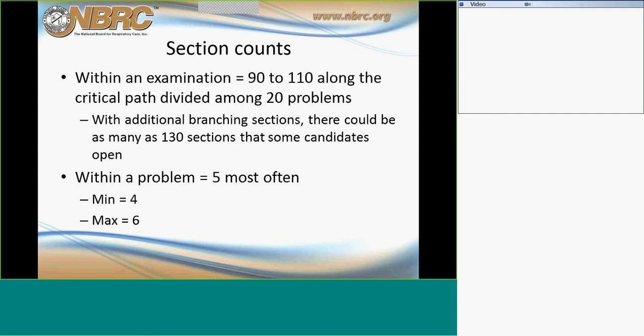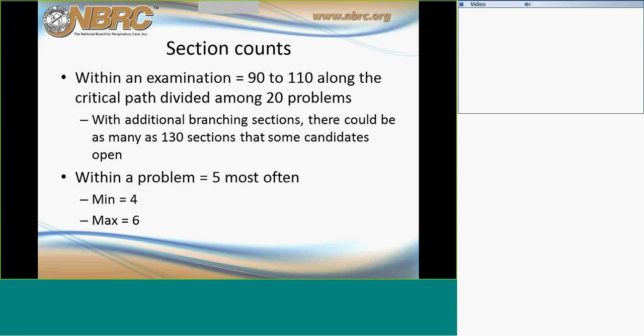As far as specification in regard to the quantity of sections within problems that someone would encounter, this slide is intended to summarize those. So across the entire exam, a test taker will encounter anywhere between 90 and 110 sections. And as you'll see, the phrase along what is called the critical path.